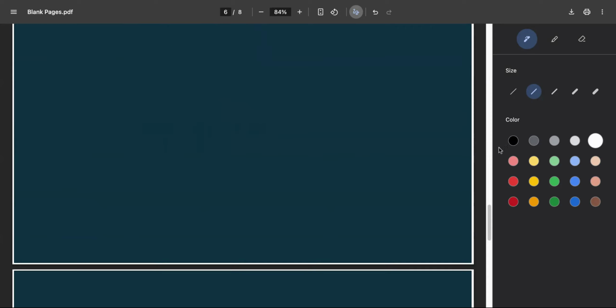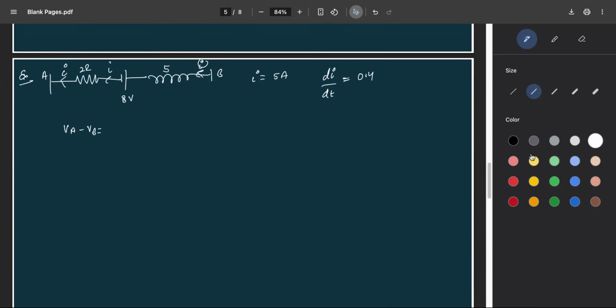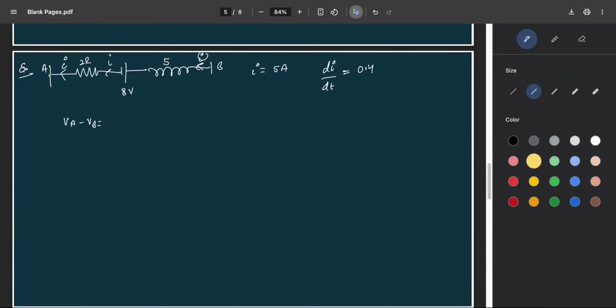So let's solve it once. Potential here is X. Current we are going from lower to higher potential. So what is 2 into 5? That is 10. It means to say here the potential is higher than this, and here it is lower. So to reach here, what is the potential at this point?